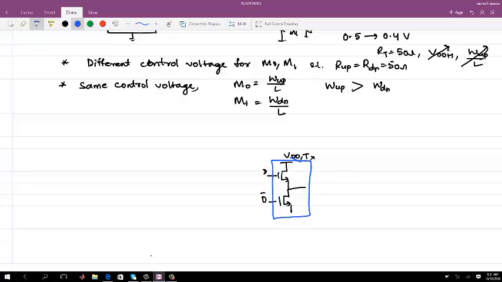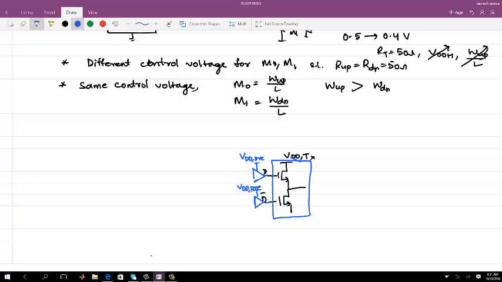Then you have a pre-driver at the input, and let's say the VDD pre-driver is the same for the two. So I am going to do it in this manner.